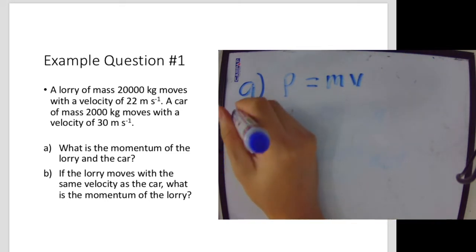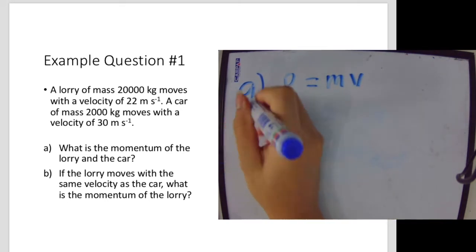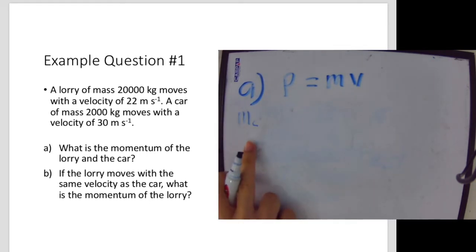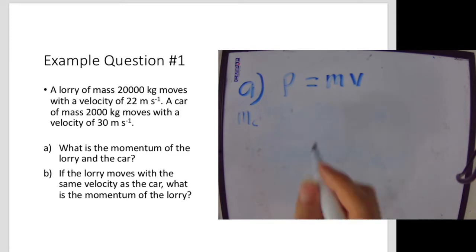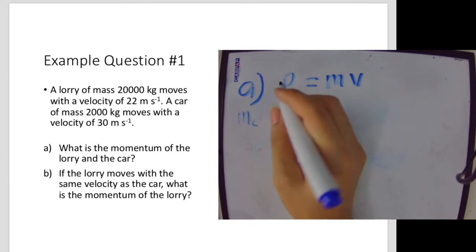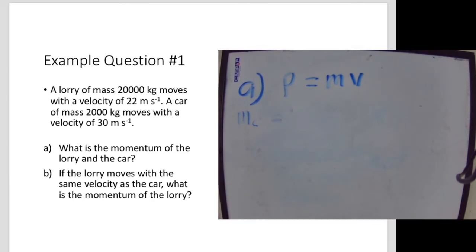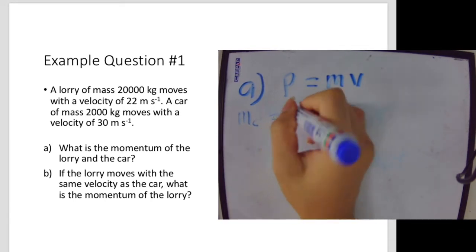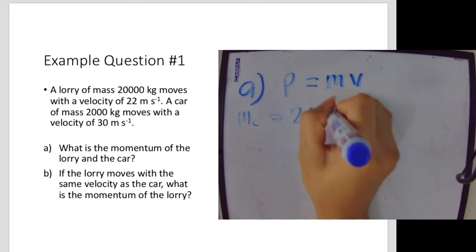So let's try to find the momentum of the car. So mass of the car, I'll just call it m, I'll put a letter C to show that it's car. So mass of the car is 2,000. Mass of the car is 2,000.